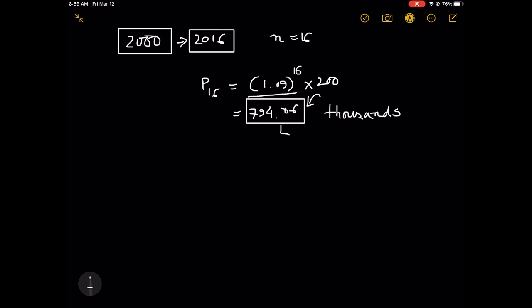Because this is in decimal, and we don't really want to have a population in decimals. We want to have whole numbers, right? What should we do now? What are the suggestions on this?